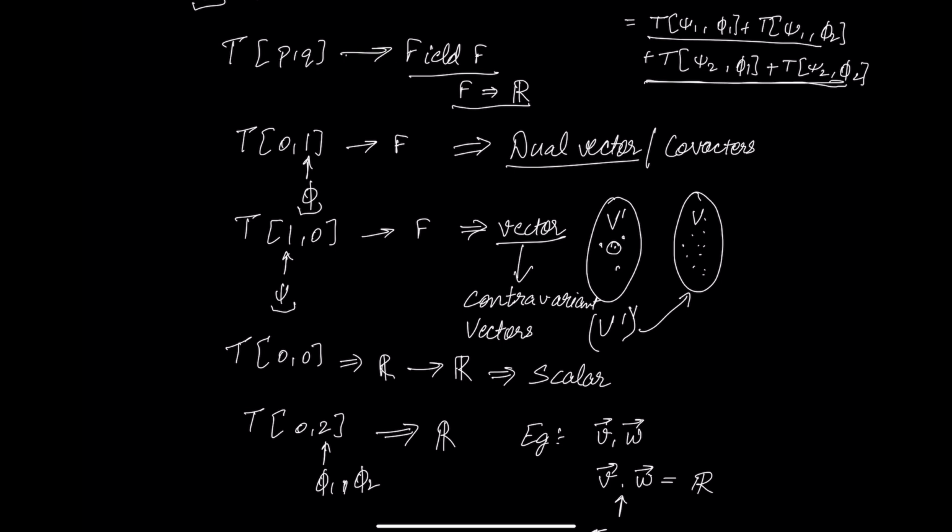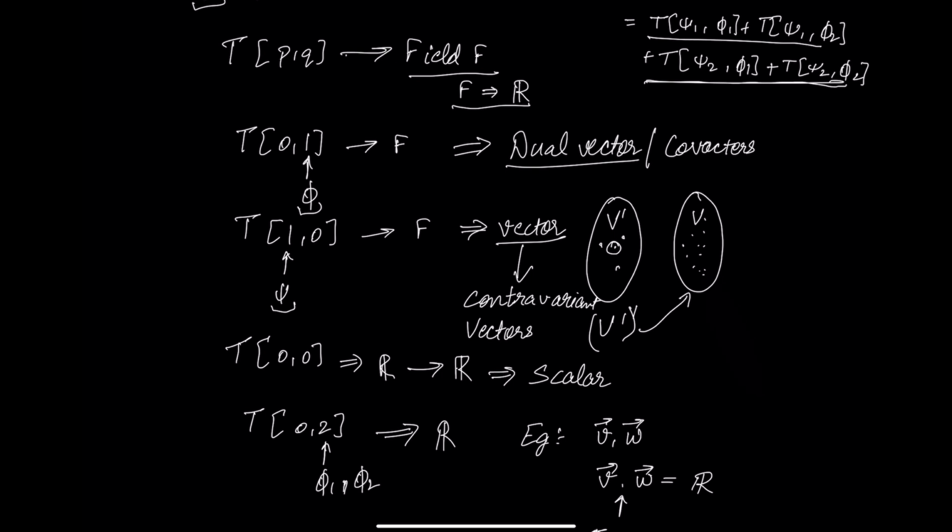Now I told you what is a dual of a vector space. What is a dual of the dual vector space? That is just this original vector space. Now this original vector space also has elements which we call vectors.